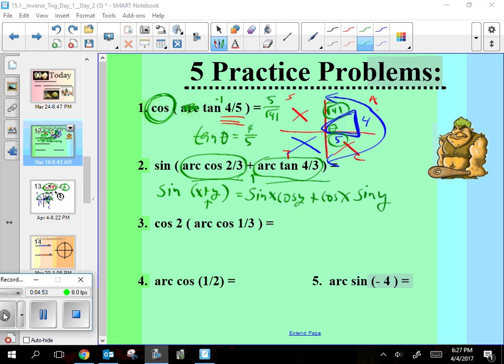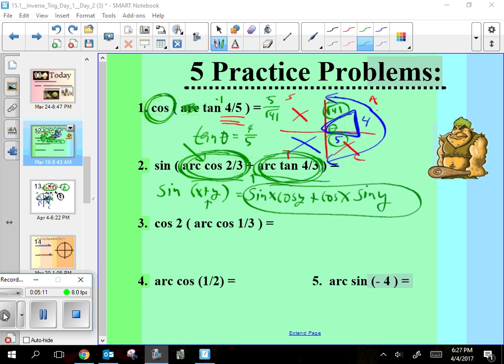So in the context of this question, once I figure out this angle and this angle, I'm going to need to do all of this to figure out its answer. Okay? So once I have the triangle, though, it's not that bad.